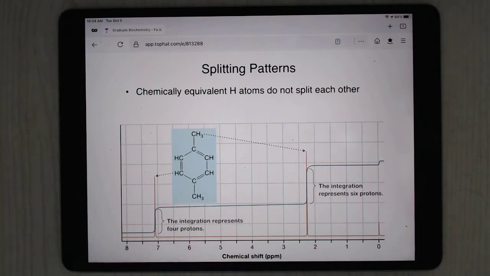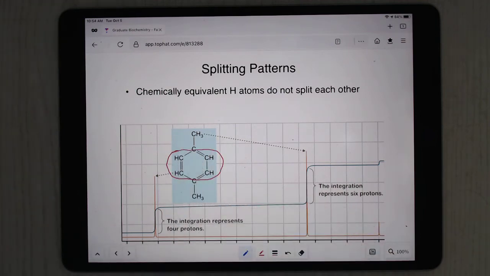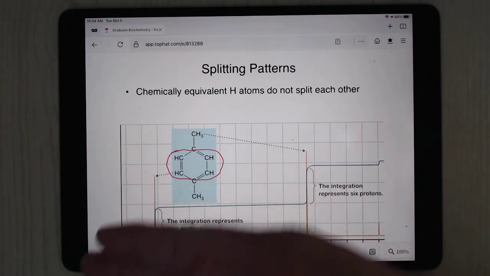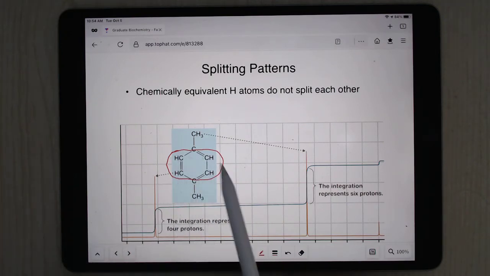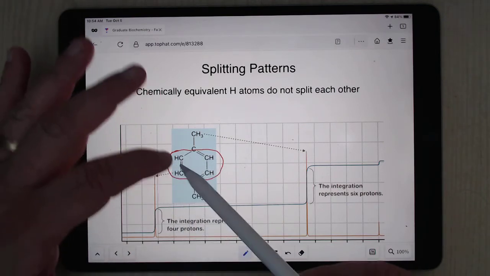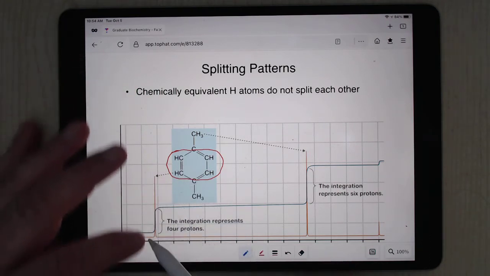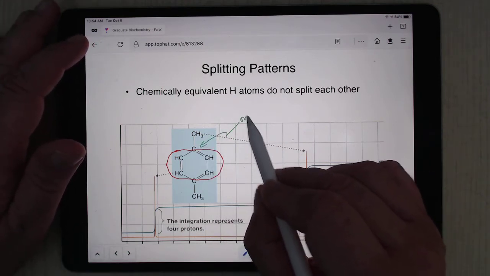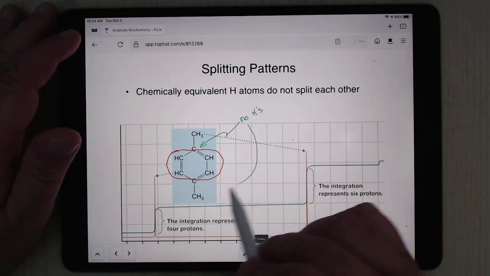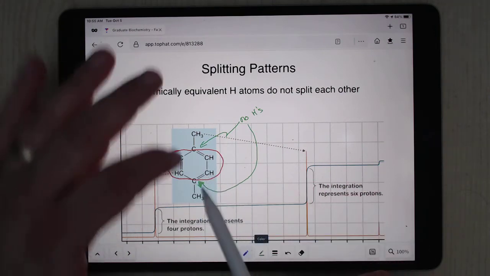Now again, for this one, it turns out that these 4 here are chemically equivalent to each other. So if you were to flip it this way, or rotate it, however, these 4 hydrogens, because they're chemically equivalent, even though they're on different carbons next to each other, they don't split. It just gives a single signal, because there are no H's here or here.